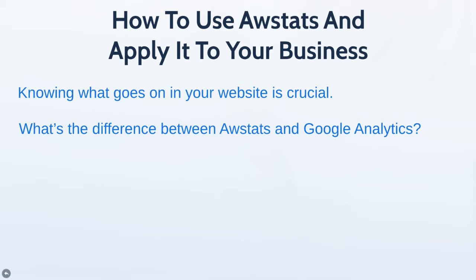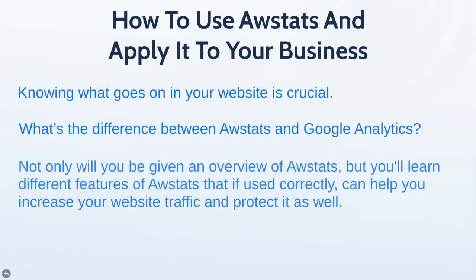Google Analytics typically gives you a more granular view of what's going on in your business. But that said, not everybody uses Google Analytics. Not everyone uses it at the right time. So the nice thing about CPanel is your Awstats is always running. And there are specific golden nuggets that it gives you that Google Analytics does not really give you. And we'll dive into that further.